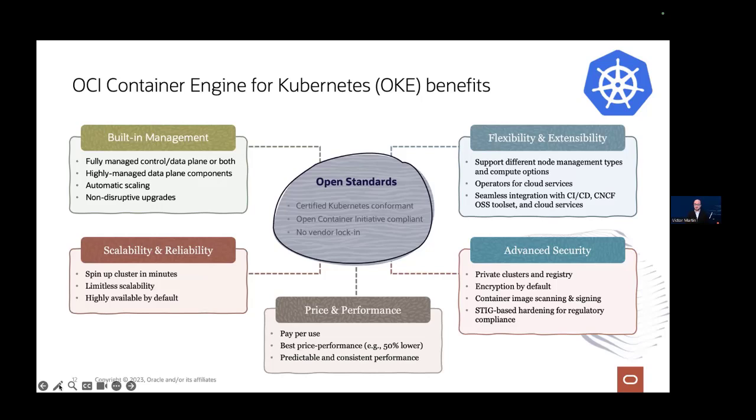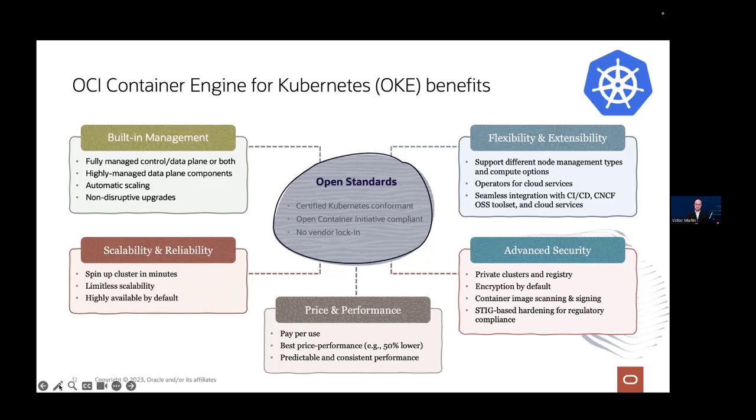And regarding scalability and reliability, we can spin a Kubernetes cluster in a few minutes as part of the content that we are delivering today. You will do it with Terraform, but you can also do it through the UI. I will show you a little bit later on that. Limitless scalability. There are like 2,000 nodes that you can create, so pretty impressive.